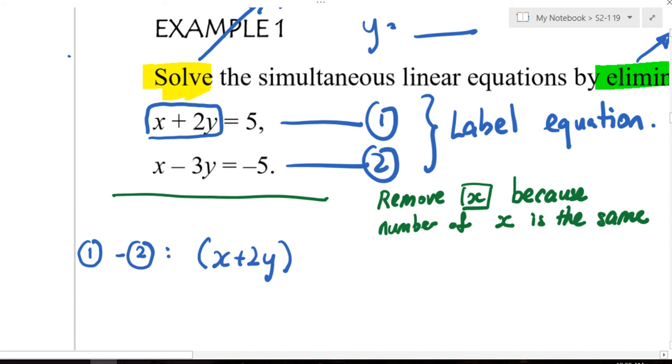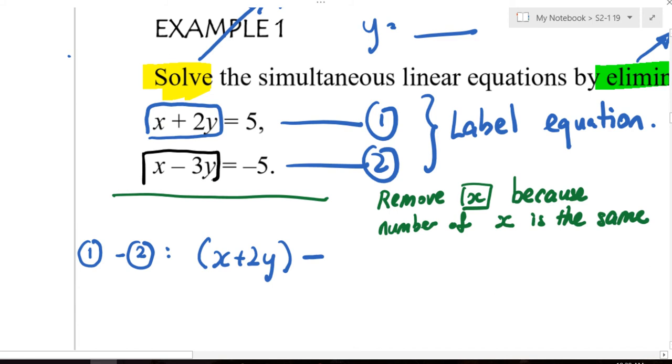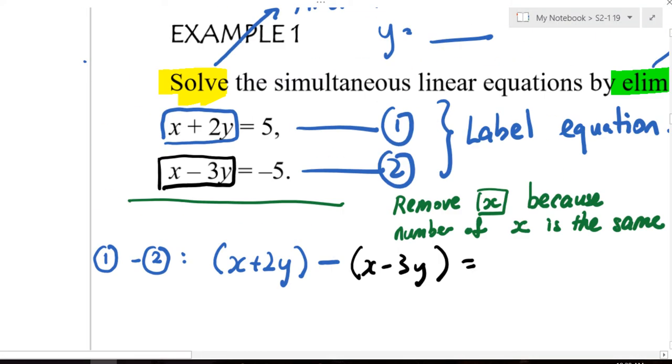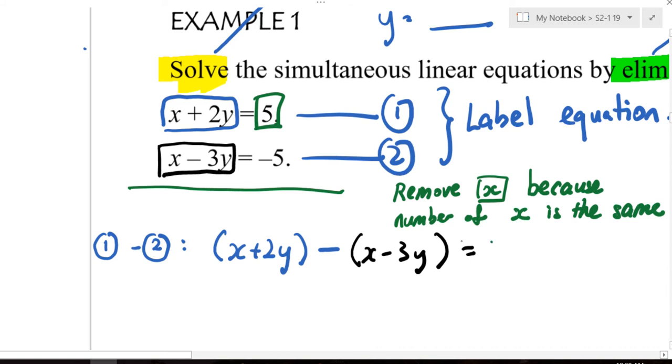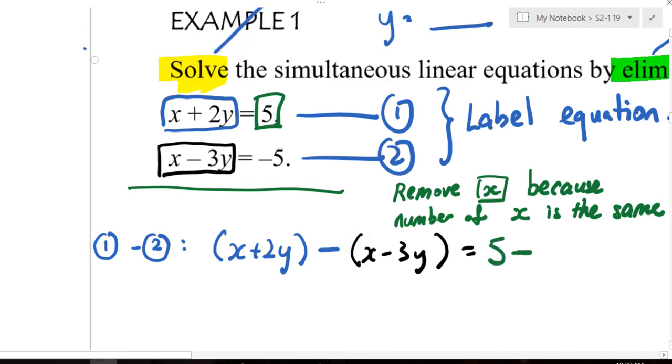Then I use another color, minus x minus 3y equal -5 minus, run out of color already, -5. Who cannot understand what I write?